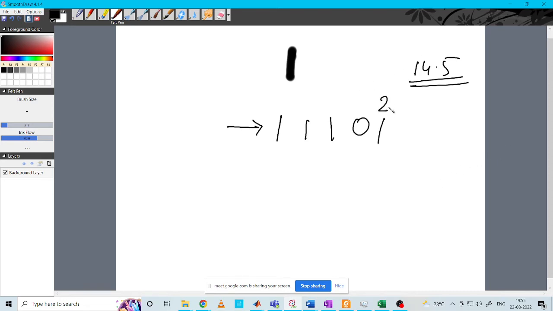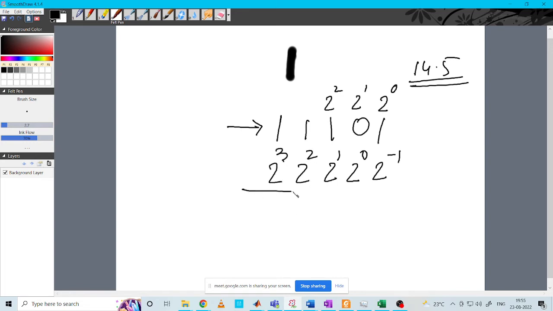Because you have considered this as 2 to the power 0, this as 2 to the power 1, this as 2 to the power 2. What if I consider this as 2 to the power minus 1, this is 2 to the power 0, this is 2 to the power 1, this is 2 to the power 2, and this is 2 to the power 3. If we consider like this, what will be the value? 14.5. Yes, sir.